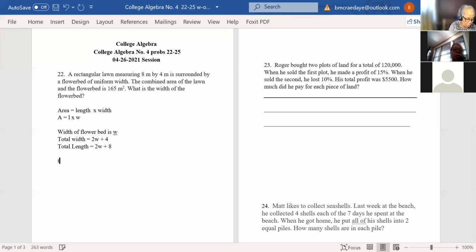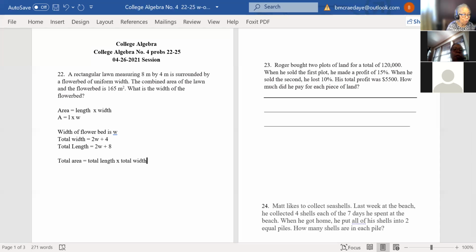It would be total width times total length, right? So let me put total length times total width. Now we know that's equal to 165 square meters, right?